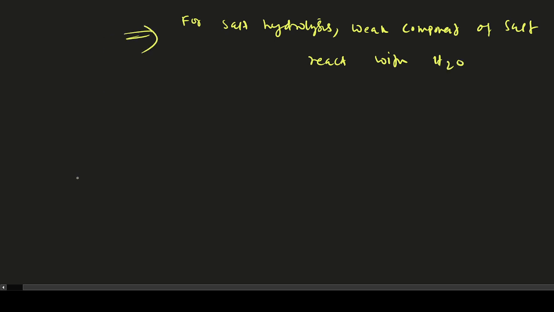So the weak component is NH4 plus. So NH4 plus reacts with water, and that is going to give NH4OH plus H plus. Since this is weak, it is better to write it like this.